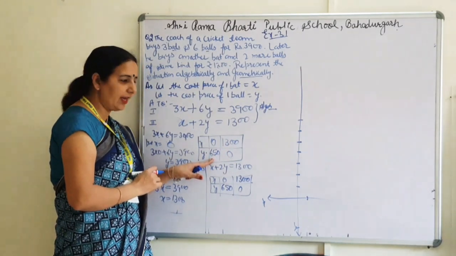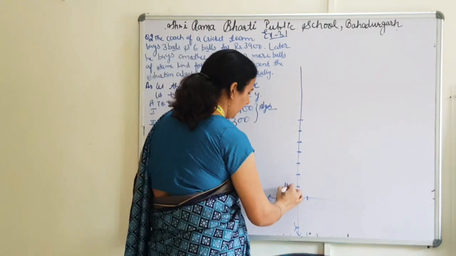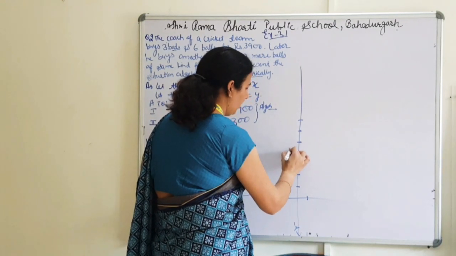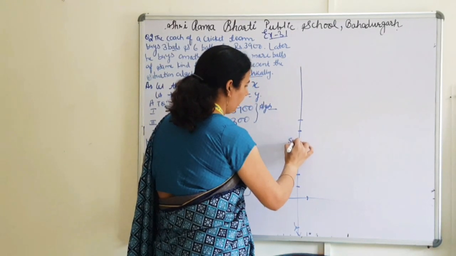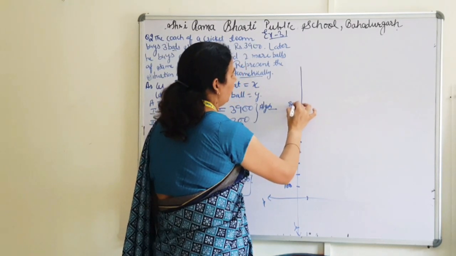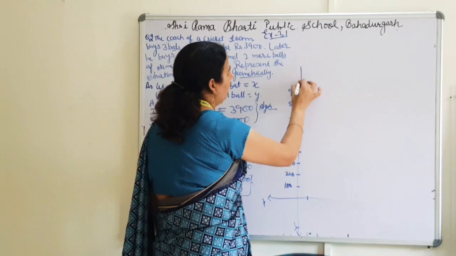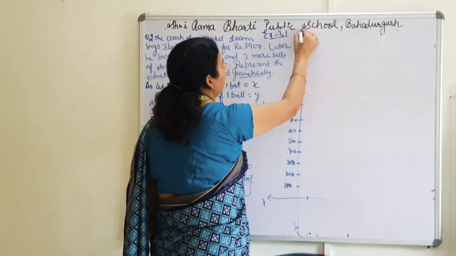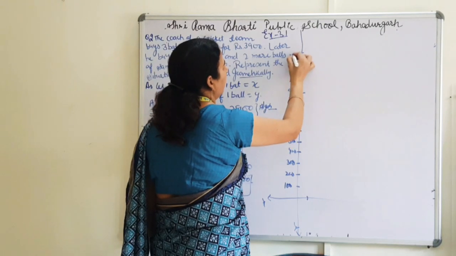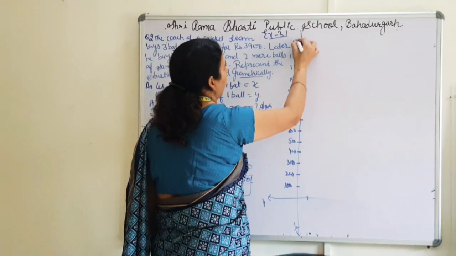So for x we can take the gap of 100: 100, 200, 300, 400, 500, 600, 700, 800, 900, 1000, then 1100, 1200, 1300.